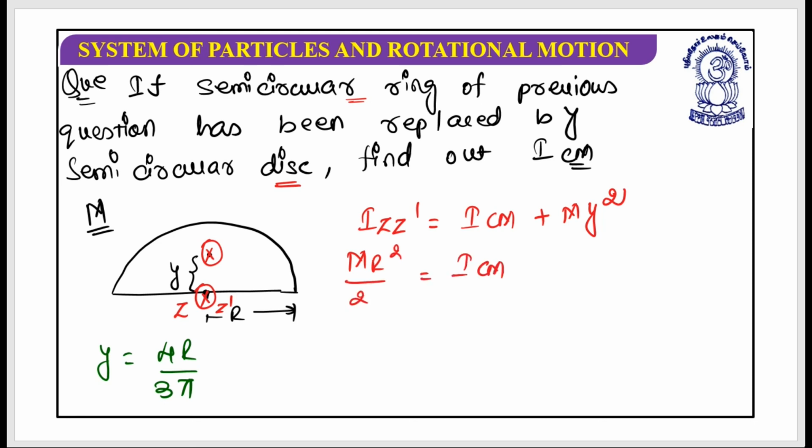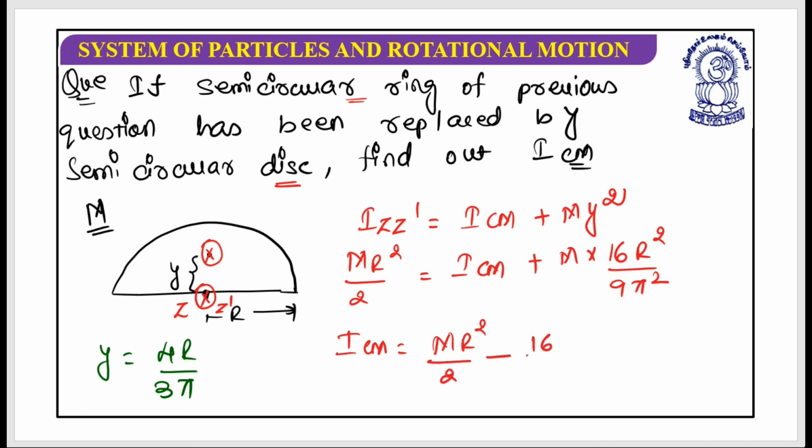This is equal to ICM plus m multiplied by y square, and y is 4r by 3 pi, so it's 16r square divided by 9 pi square. So ICM would be equal to mr square by 2 minus 16 by 9 pi square into mr square.